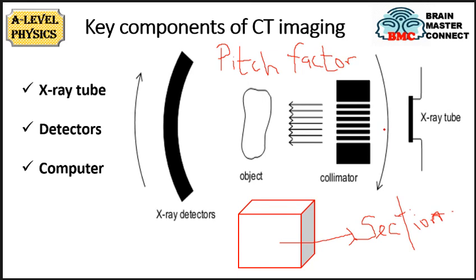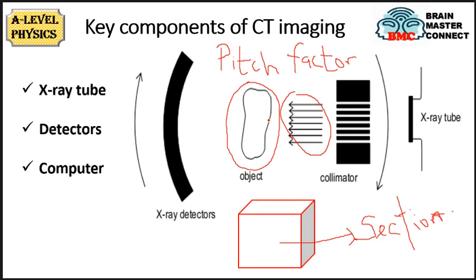The movement of this X-ray beam and the object, because as the X-ray tube moves, of course the direction of the X-ray beam also changes, relative to the direction of the object, because the object keeps moving into the CT scanner while the X-ray beam changes direction in a clockwise direction.